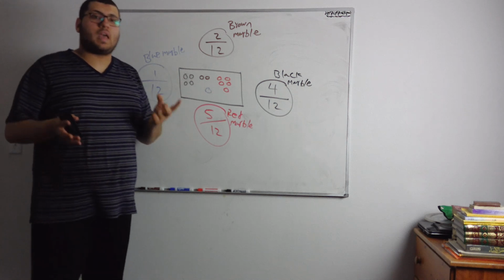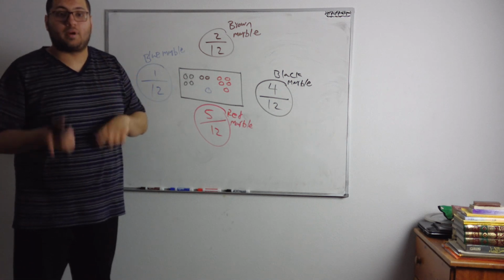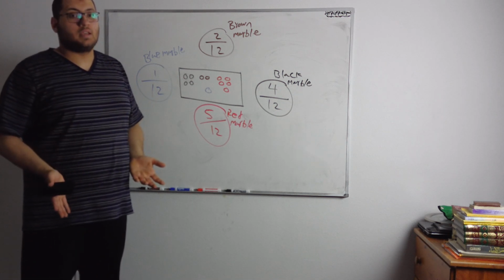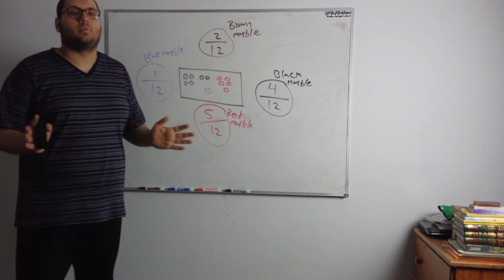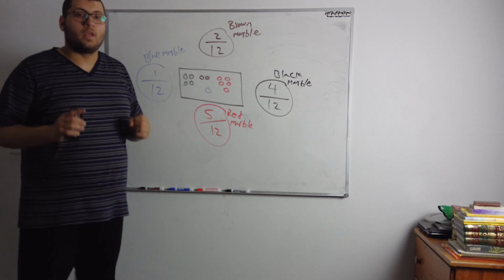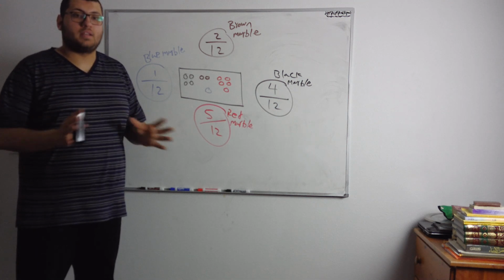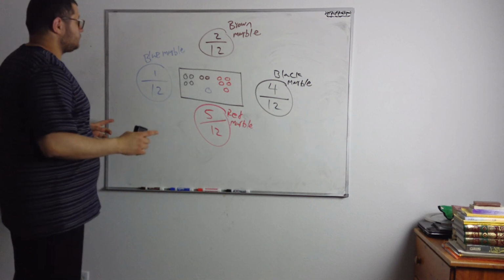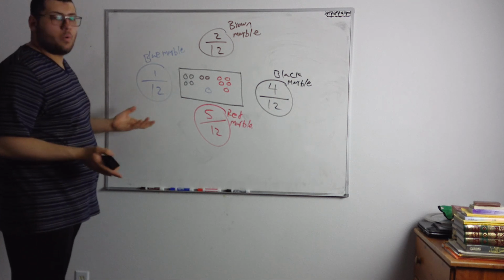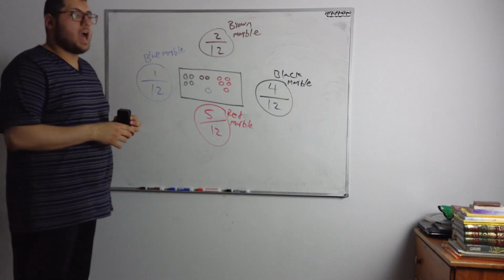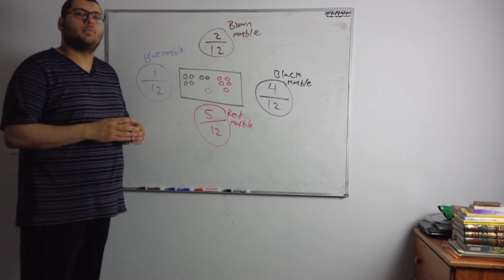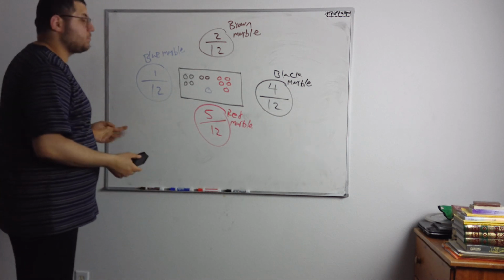This time, I'm looking at black and brown at the same time, meaning that I'm looking at 2 things at once. That's why we call it the combined probability, combined events. Now, how are we going to do that? This is the point of this video. We're going to define how to find the probability of combined things.